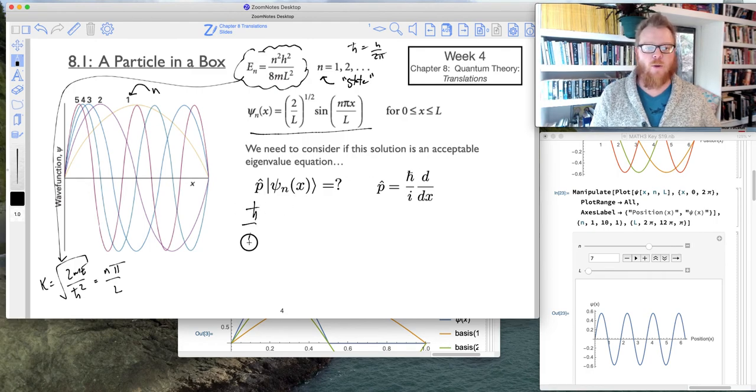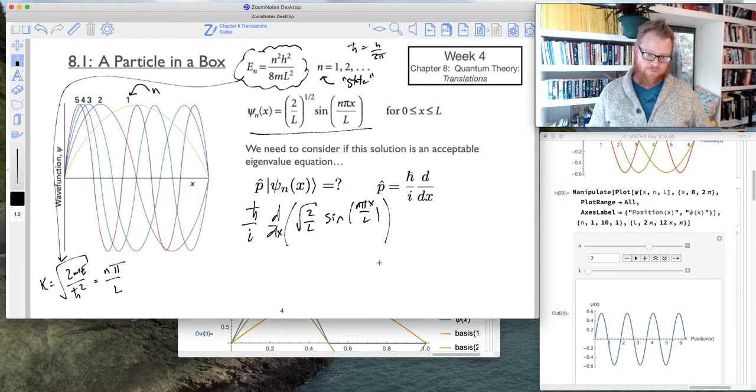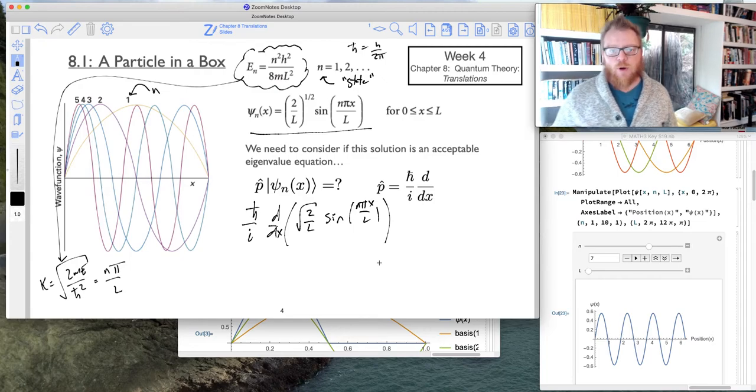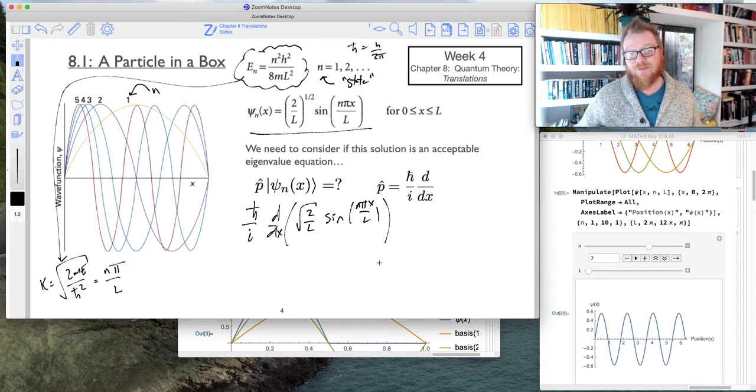Check this out. If I go h bar over i times d dx of this equation, which we know is root 2 over L times sine n pi x divided by L. Remember, when I carry out this operation, it's supposed to return to me an eigenvalue, but also it's supposed to return the original function.